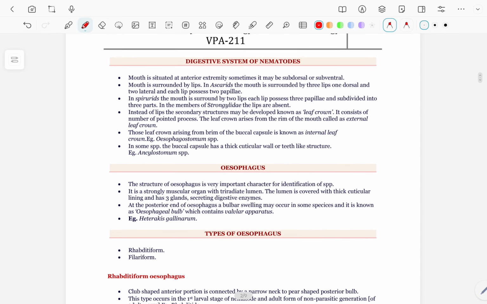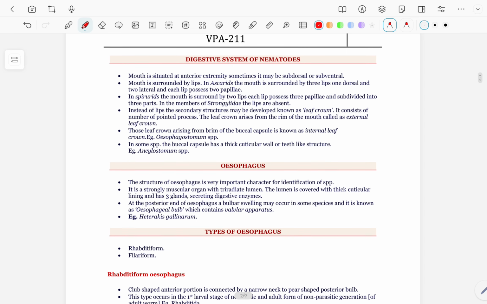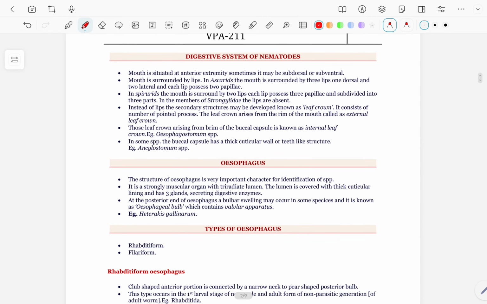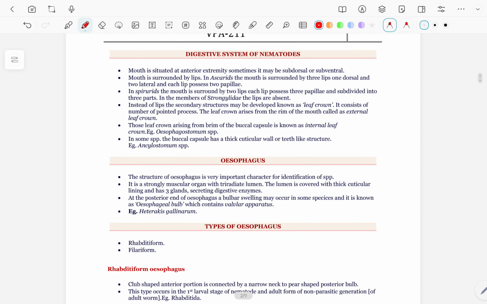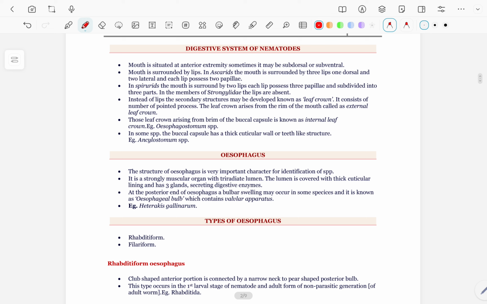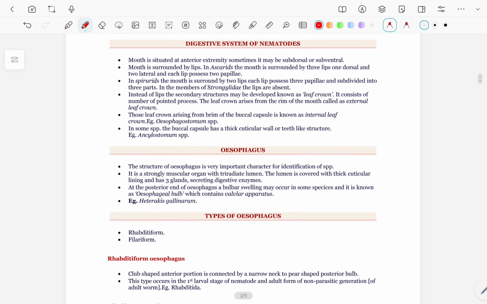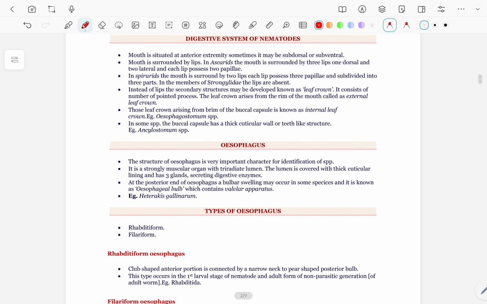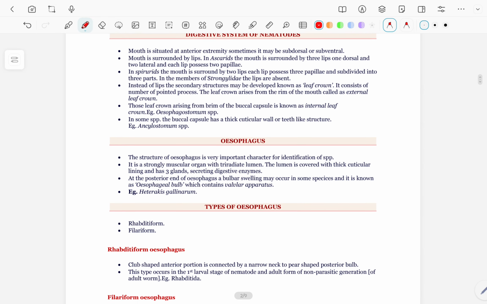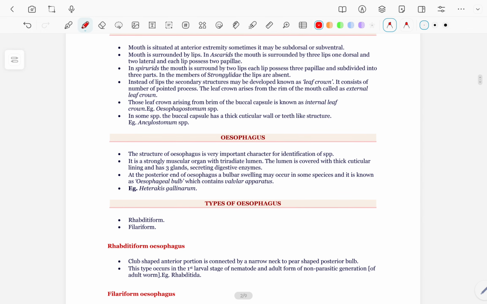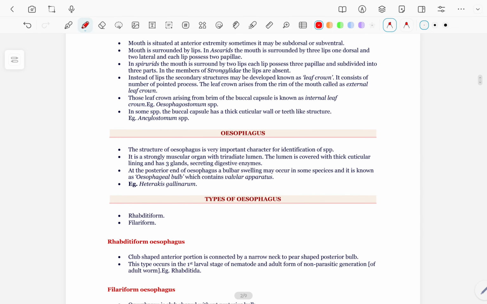In the members of Strongylidae, the lips are absent. Instead of lips, a secondary structure may develop, known as the lip crown. It consists of a number of pointed processes. The lip crown arising from the rim of the mouth is called the external lip crown.